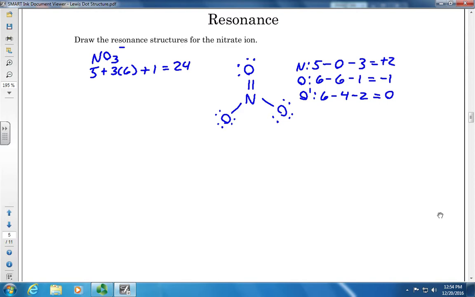Because realistically, why would the molecule choose any given one to have that bond at any given time? So what we have is what's called resonance, which amounts to, in practicality, all 3 bonds that oxygen makes with nitrogen, each oxygen making 1 bond with nitrogen, acting more like a hybrid between a single and a double bond.